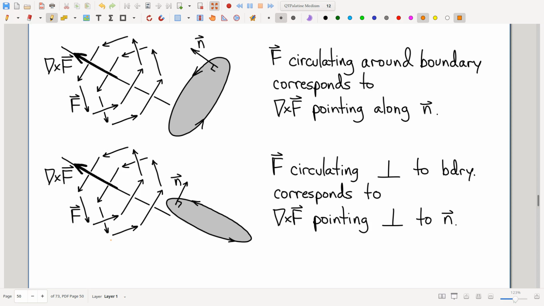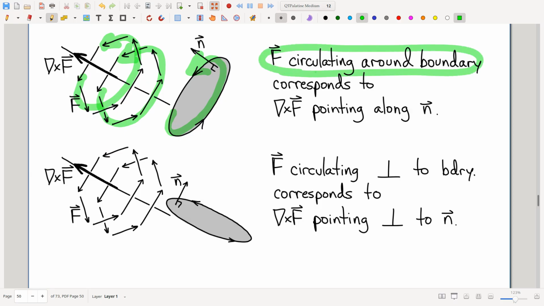So here we go. Here is a fluid flow. And let's ask the question, to what extent is that fluid flowing around this boundary, like so? And I appeal to your geometric sense of what's going on there. I'm going to say there's actually quite a bit of circulation.